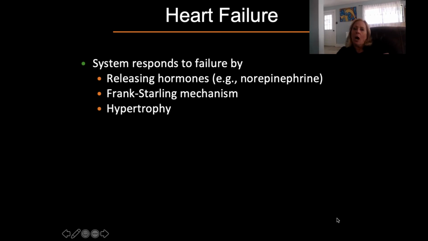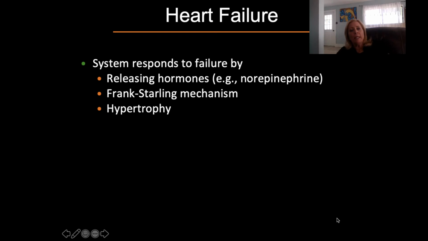Now, because the heart is working harder, and it's just like any other muscle, skeletal muscle, whatever it may be, anytime you work it harder, it's going to hypertrophy. The muscle is going to grow in size. By hypertrophy, initially you are developing more actin and myosin. And like I said already, the more actin and myosin you have, the greater the force of contraction.